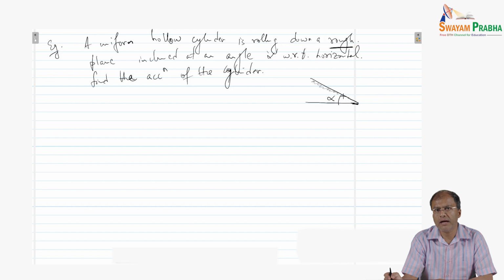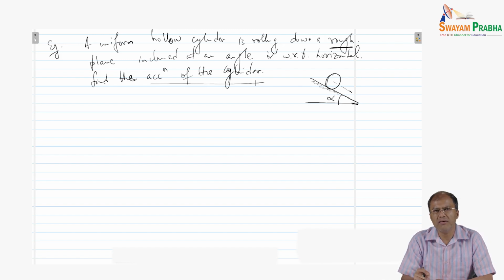So we expect that the cylinder is not going to slip, since there is some roughness associated with the surface. The cylinder is going down the incline, and we need to find its acceleration. Again, we can approach this using energy conservation, right?